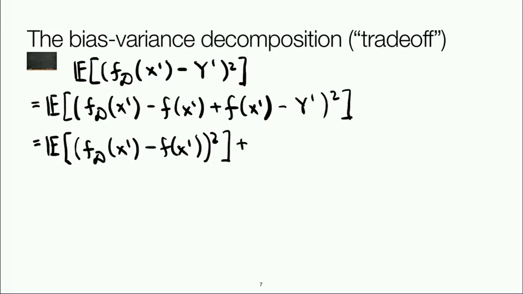And then I get plus y prime minus f of x prime squared. So I got essentially this term squared and this term squared. I claim that that's all I get because all the other cross terms are 0.